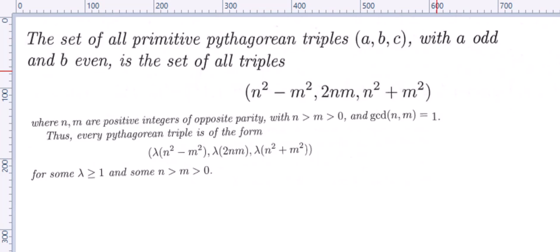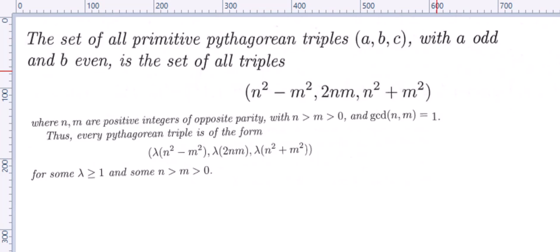It says that the set of all primitive Pythagorean triples A, B, C with A odd and B even is the set of all triples n squared minus m squared, 2nm, and n squared plus m squared, where n and m are positive integers of opposite parity, meaning when n is even, m is odd, and when n is odd, m is even, with n greater than m and m greater than 0. And the GCD of n and m must be 1.